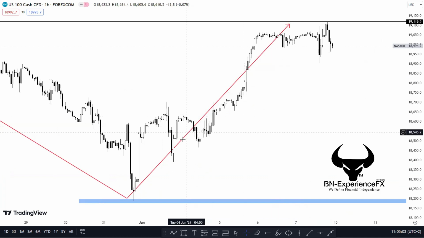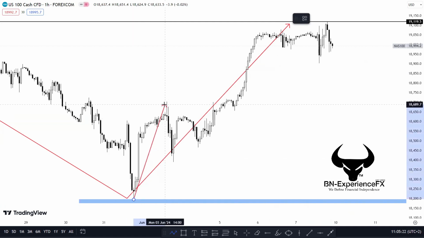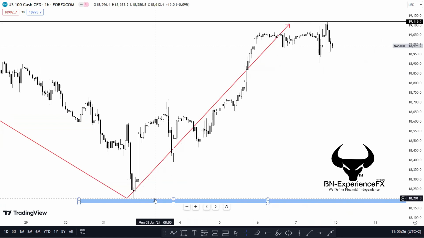After you've highlighted this higher low and this higher high, you just have to focus on what's inside, between this higher low and this higher high. Here you can do the simple thing that you did when you started. Trace this as your lowest point and right here as your highest point.